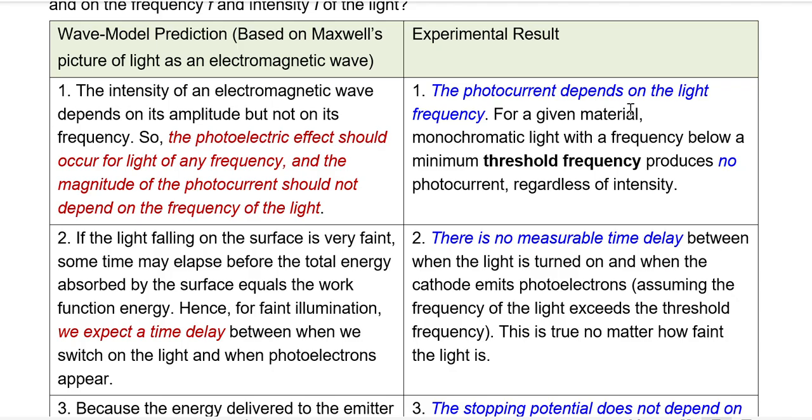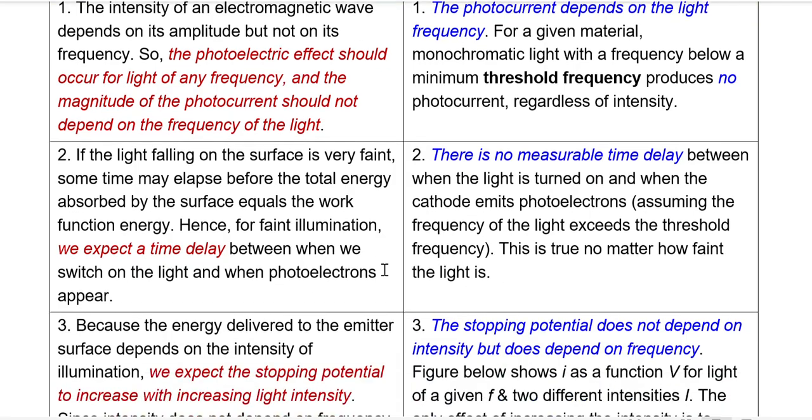But an increased number of photons doesn't mean the electron can absorb more than one photon. Einstein said an electron can only absorb one photon, so more photons don't help me. So the sole determinant of whether photoelectrons are emitted is actually the threshold frequency.